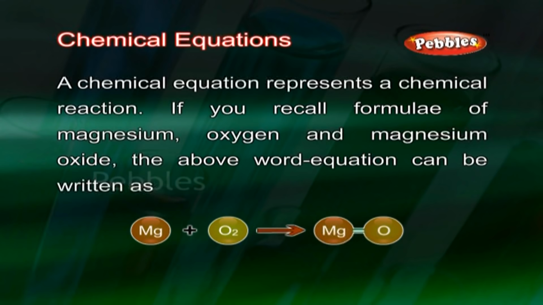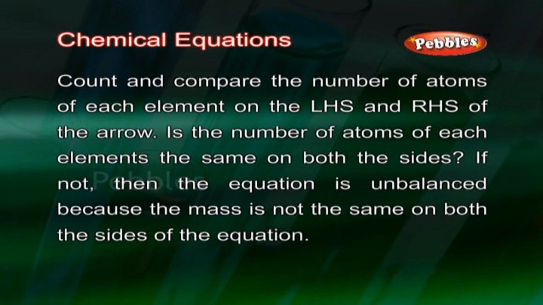If you recall formulae of magnesium, oxygen and magnesium oxide, the above word equation can be written as Mg plus O2 gives MgO. Count and compare the number of atoms of each element on the left-hand side and right-hand side of the arrow. Is the number of atoms of each element the same on both the sides?